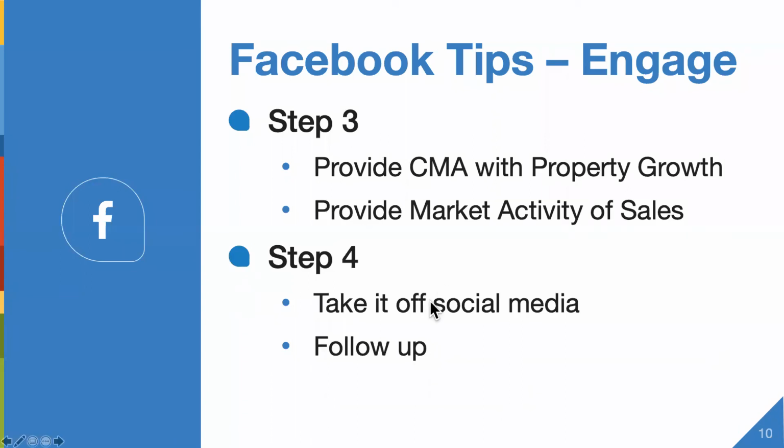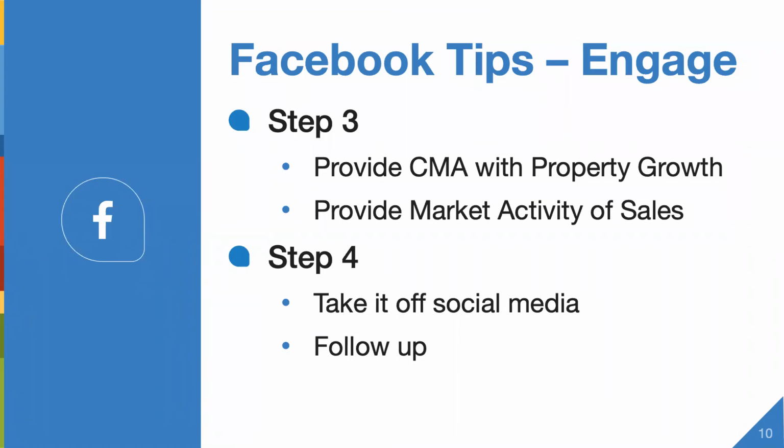The other thing I provide to my clients also is a CMA. As the years progress and they've been in the home for a while, I always provide them with a CMA so that I can show them how their property has changed, has it increased in value. And then I also provide that market activity report so they can see what is going on in their neighborhood as well. So these are a lot of things that I will do with my past clients that are in my database.